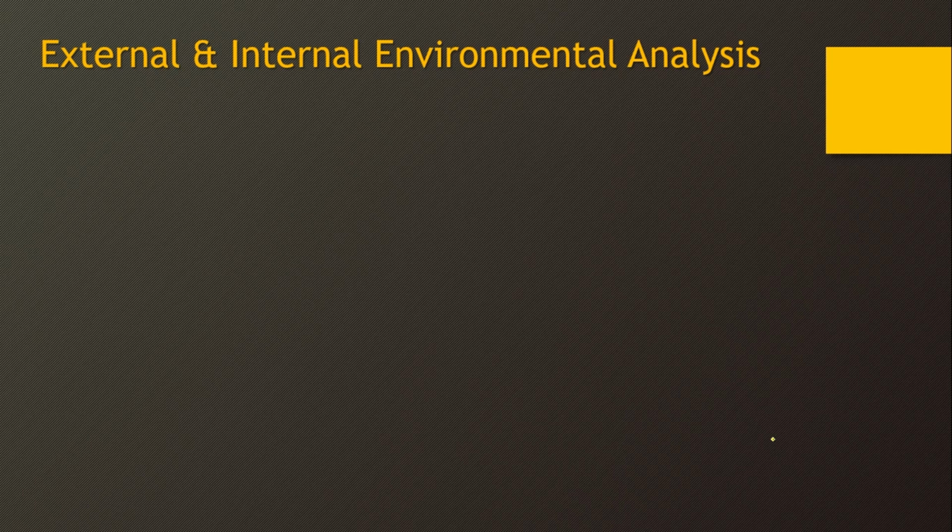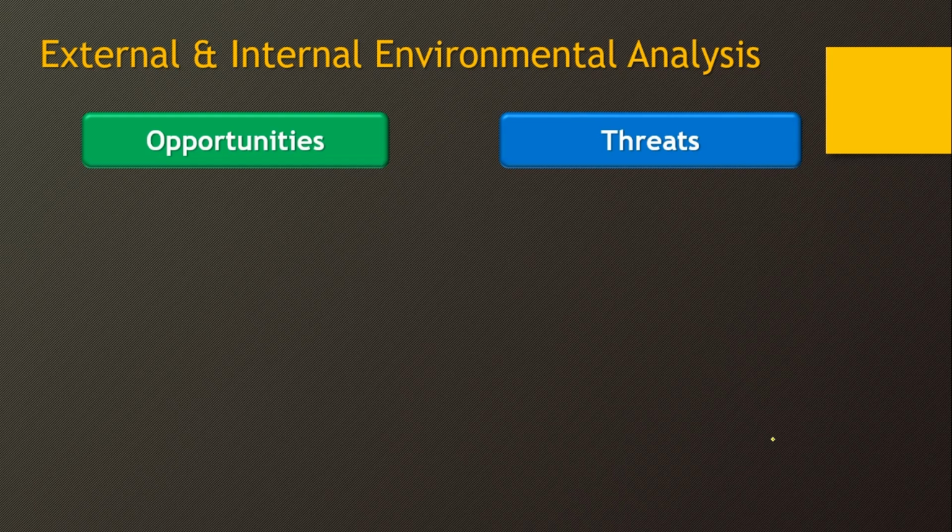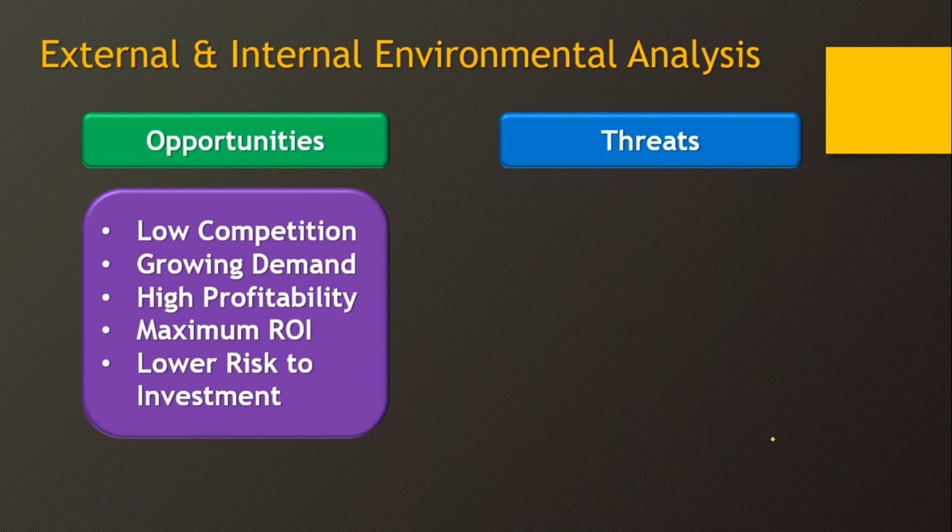Now let us see what external and internal environmental analysis is. When we go for external environmental analysis, we will be looking out for the opportunities and the threats which may be present in the external environment. When we are talking about opportunities, it is the positive environment, a favorable environment for the organizations for safe investment.